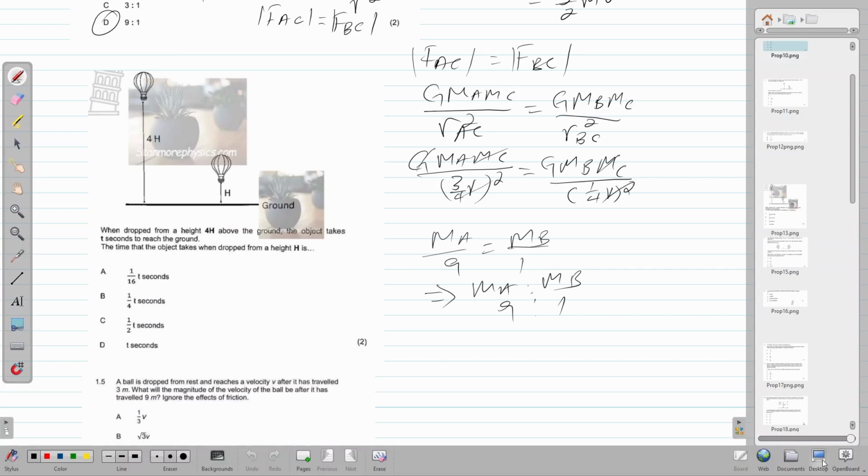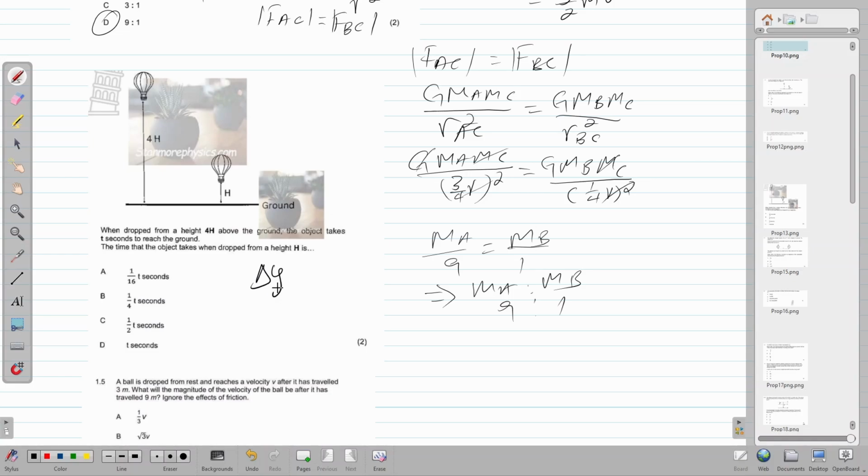Question 1.3. An object is dropped from two different heights, 4h and h, above the ground. When dropped from a height of 4h above the ground, the object takes t seconds to reach the ground. The time that the object takes when dropped from height h is, so let's write the equation.